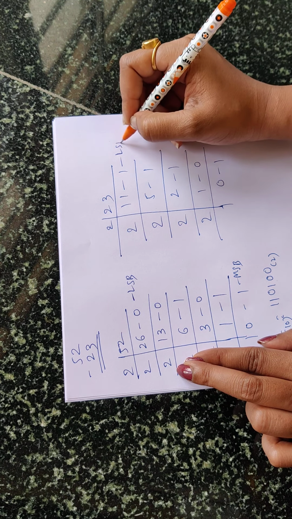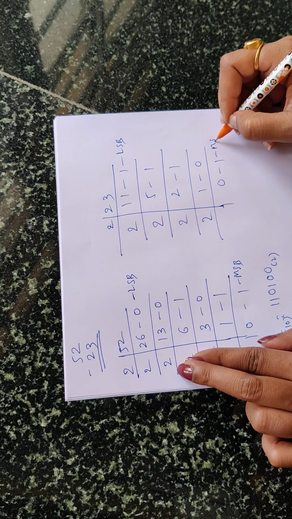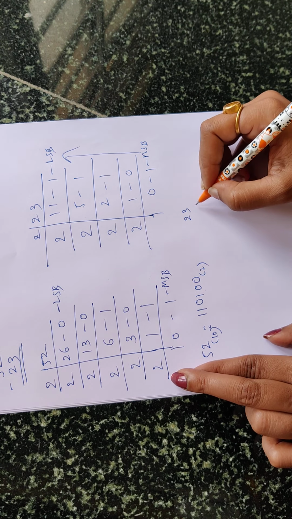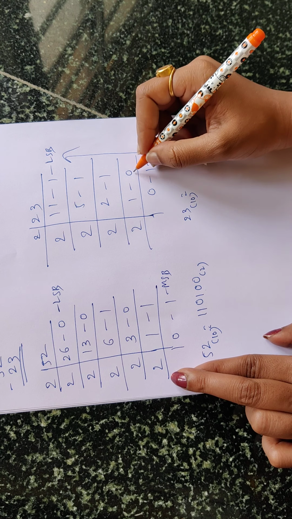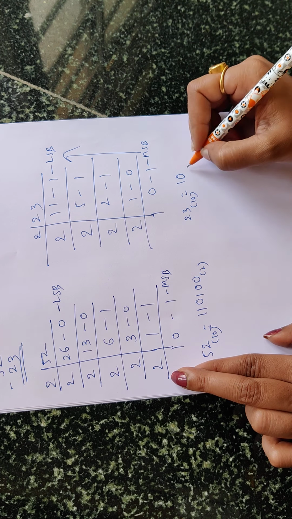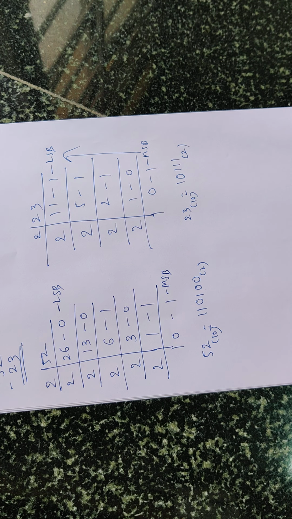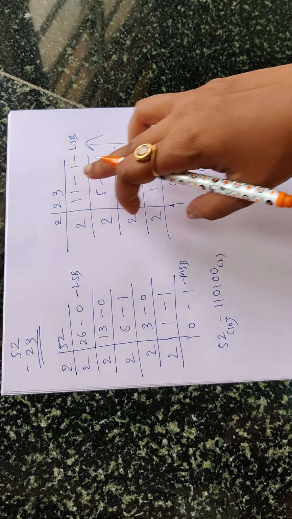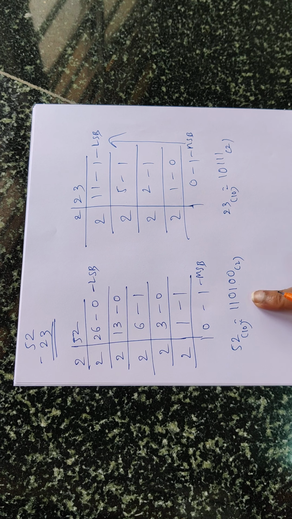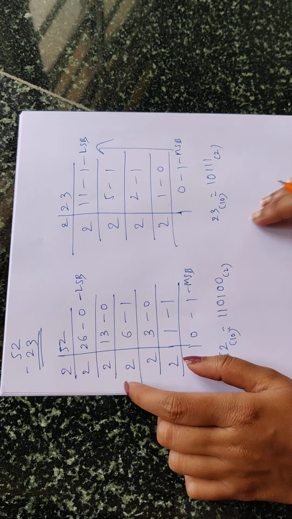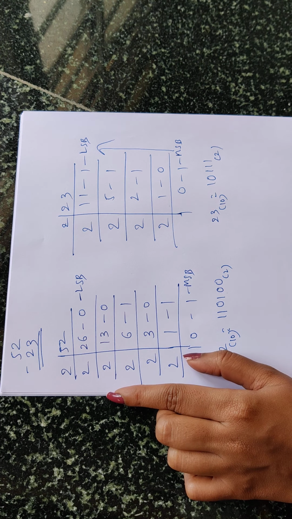This is your LSB, this is your MSB. MSB to LSB, so 23 to the base 10 is equal to 10111 to the base 2. This is for 23, and for 52 it is 110100. Now we have both the binary values, the equivalent binary values for 52 and 23.